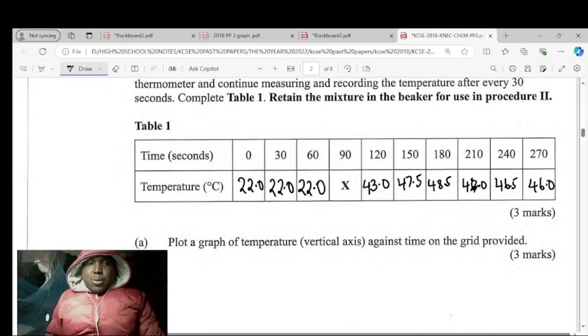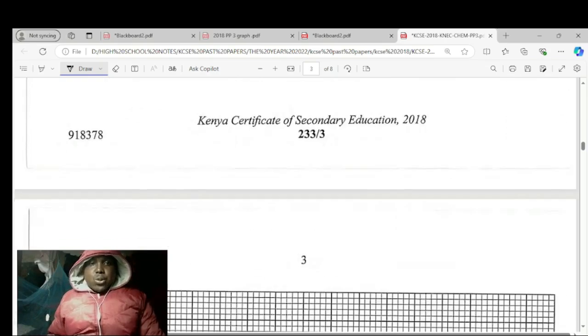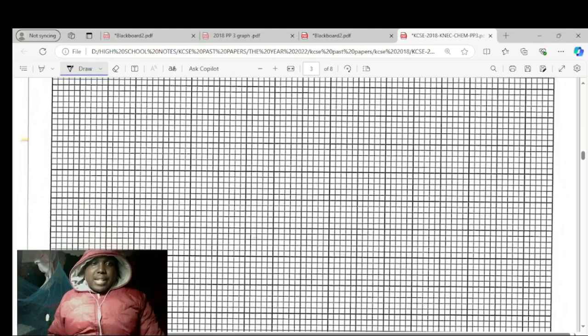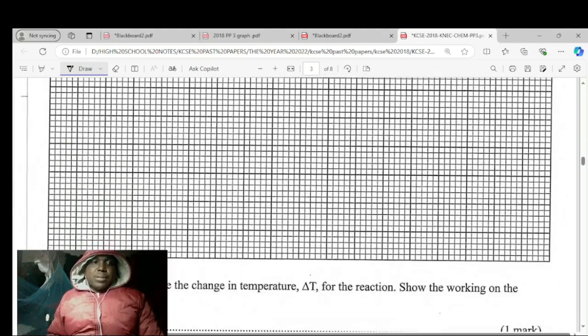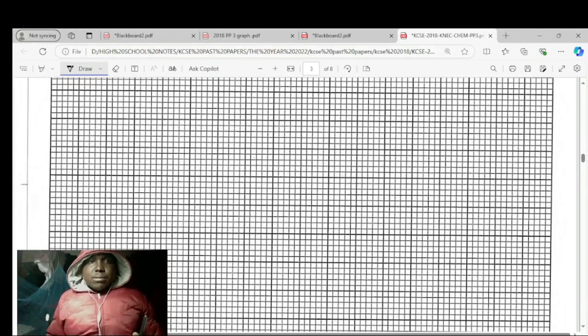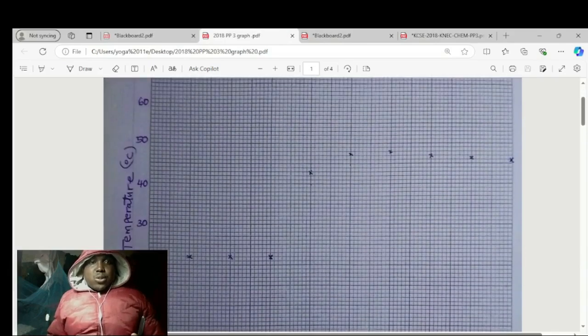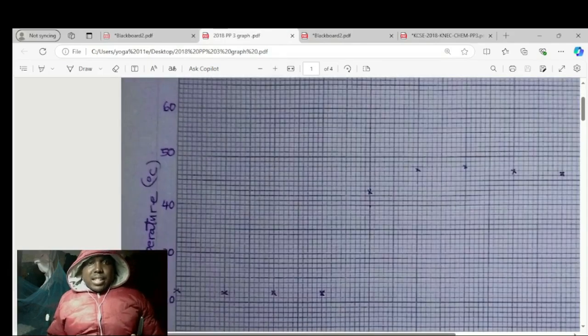Plot a graph of temperature against time on the grid provided. So we are going to draw a graph of temperature against time. So remember to label the graph. We are going to label the graph as you can see here.